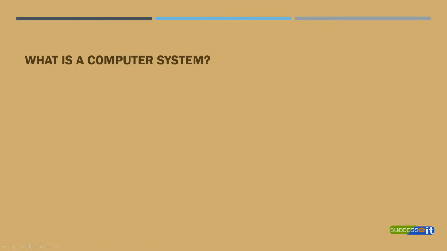Now that we have looked at what a computer is and the difference between data and information, let us go a little further. What we know to be a computer is actually a system. A system is a group of interrelated but different parts working towards an overall objective or goal.